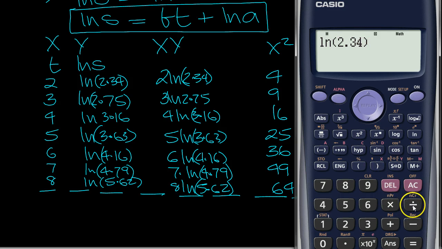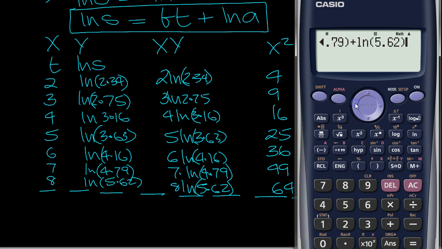So ln 2.34, 2.75, ln 3.16, ln 3.63, 4.16, 4.79, 5.62, close bracket.